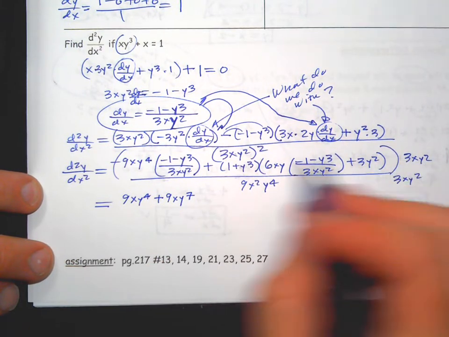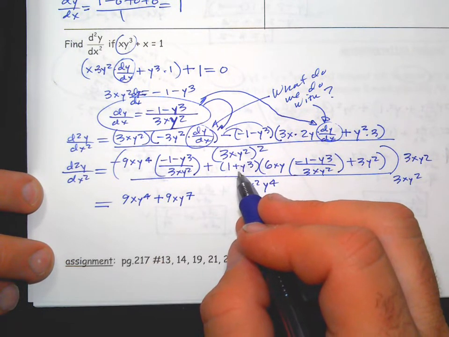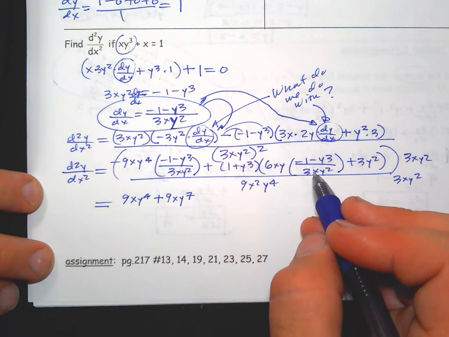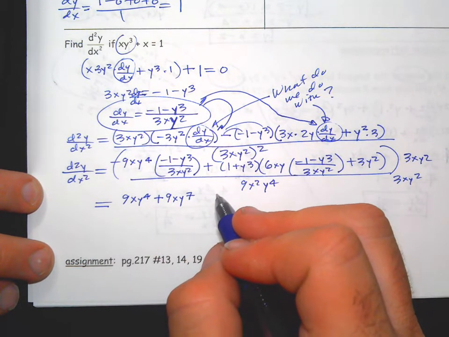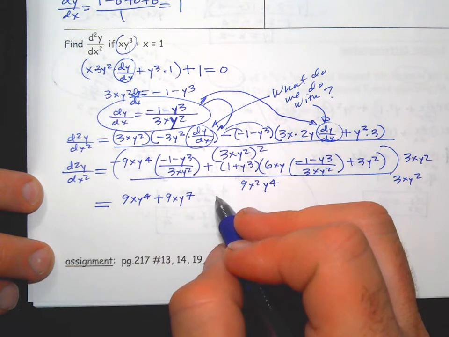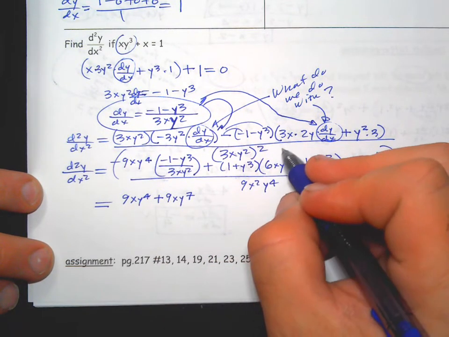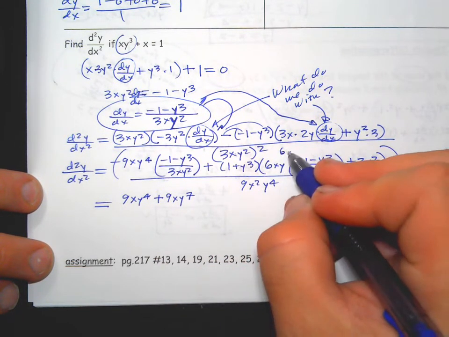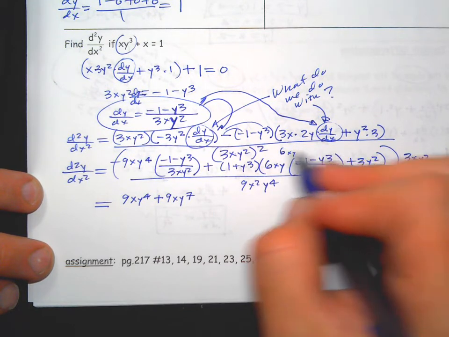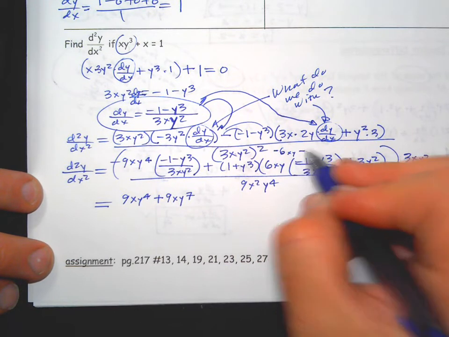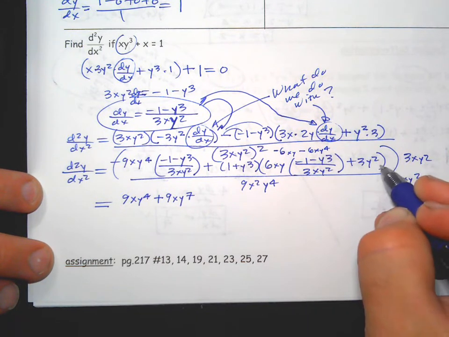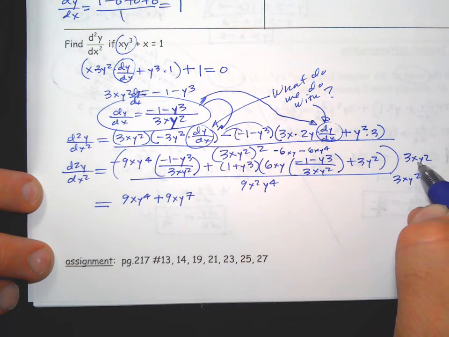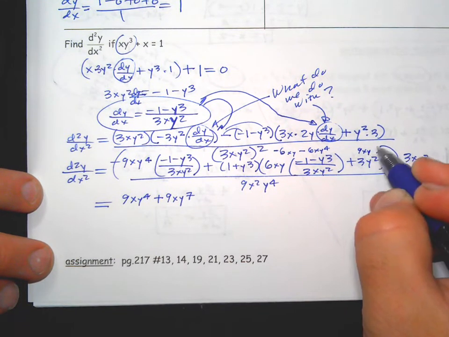Now when you distribute it here, it cancels out for this first term. And so you get all this stuff right here. So we're going to get, wow. It's going to become negative 6xy minus 6xy to the fourth. But then this guy gets the 3xy squared. So it's going to be 9xy to the fourth.